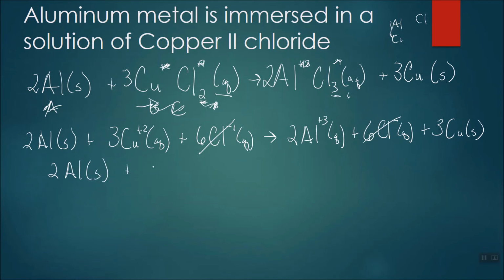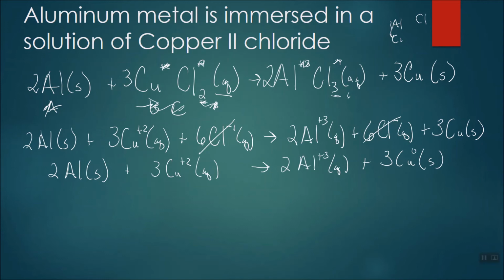So 2 aluminums plus 3 coppers will form 2 aluminum ions plus 3 copper atoms. All right, everything's nice and balanced, but let's prove it.